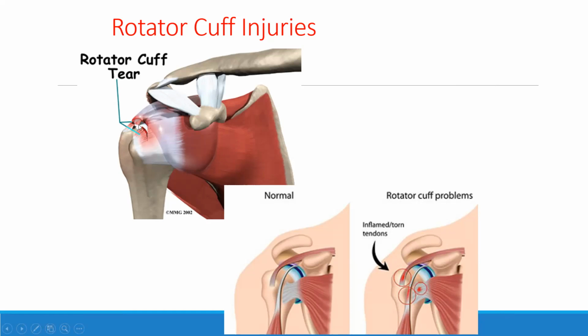Mostly what happens is we see tears in the tendons, tears or inflammation in the tendons. Rotator cuff repair is a very common surgery among older people because they lose that flexibility at their shoulder. And so it's a fairly easy repair to go in and repair the torn tendon. And it works.